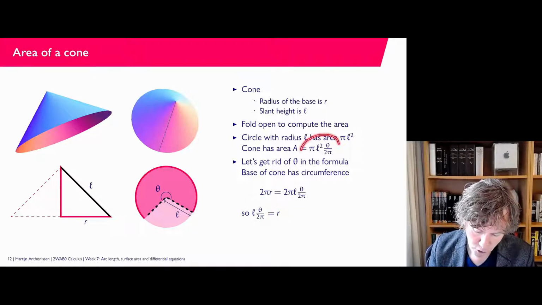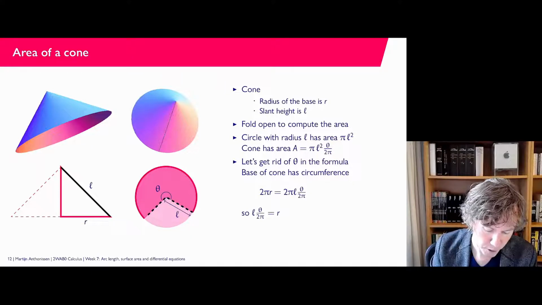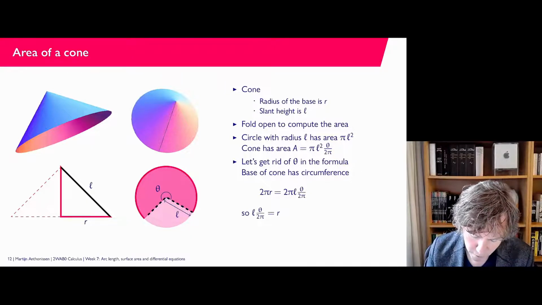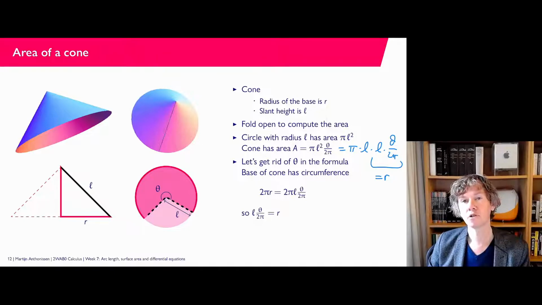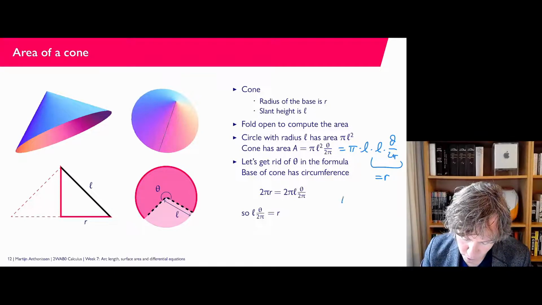Then going back to this formula, I can also write it as pi times L times theta over 2 pi, and this bit here apparently equals little r. So now we have found that A equals pi times L times r.